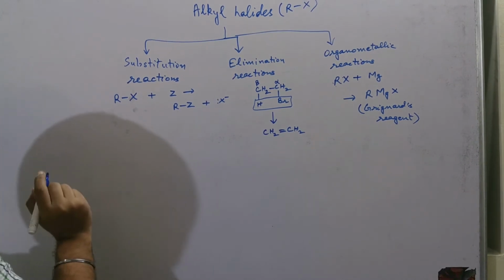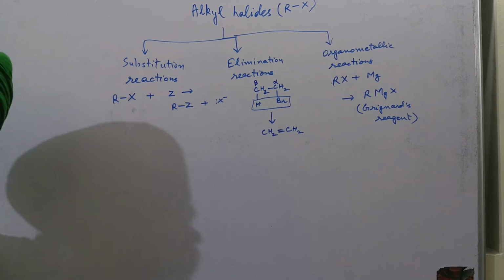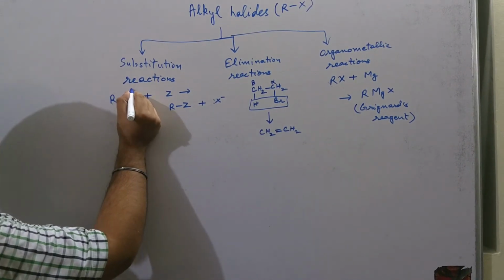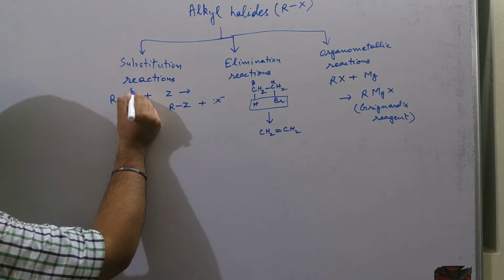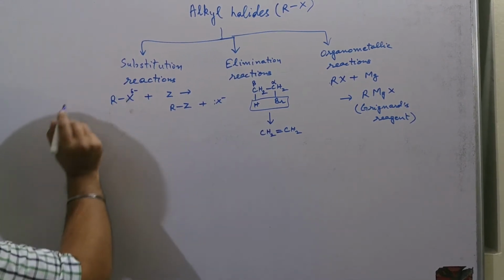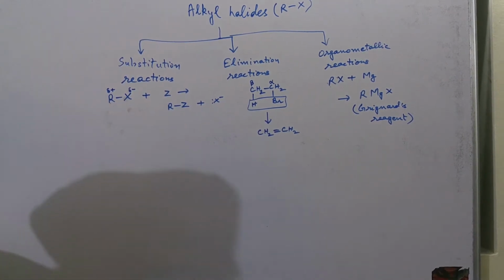For this we have to focus on the bond between the alkyl group and the halogen atom. Halogen atoms are very electronegative, so they attract the shared pair of electrons towards themselves and yield a polar bond.